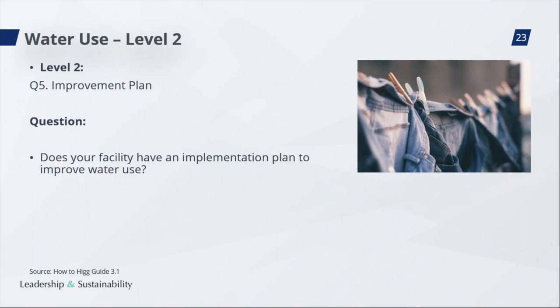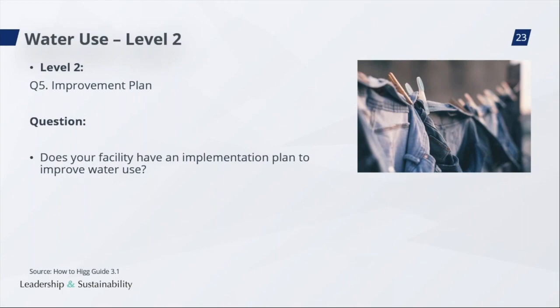But of course, if you don't have a very detailed implementation plan, it will be difficult for you to follow through, and it will be difficult for you to reach your goal and your target, because you need to define the actions in order to get there. It will not happen just by itself.